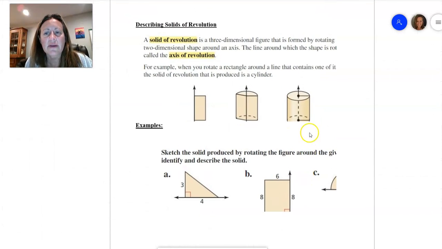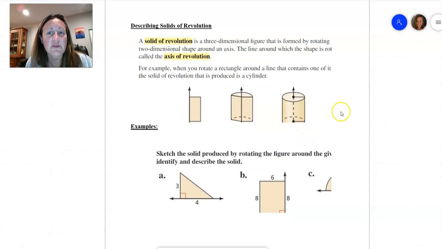Also, what we want to think about is that a lot of solids can be formed by taking a polygon and revolving it around an axis. Okay. These are called solids of revolution. And I don't know if you've ever decorated for a party using paper decorations from Party City.